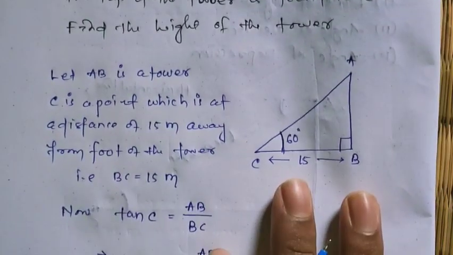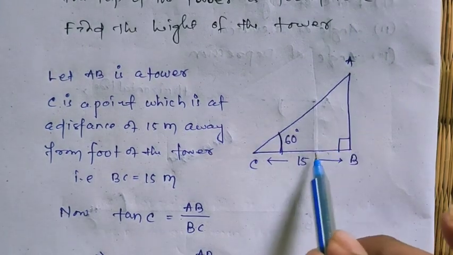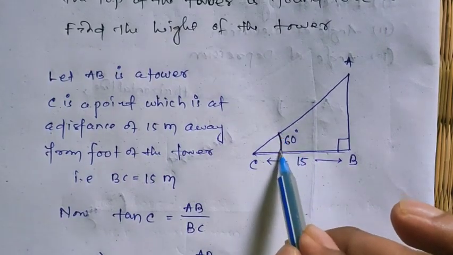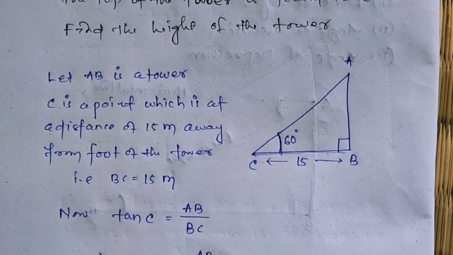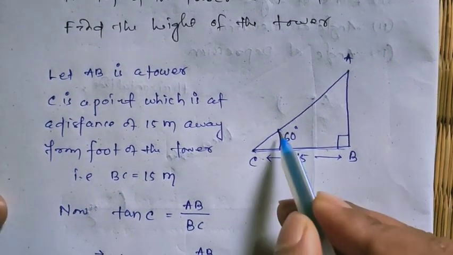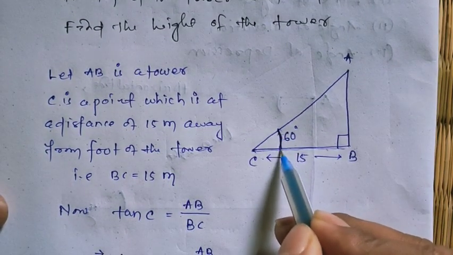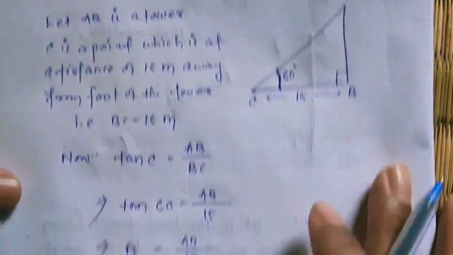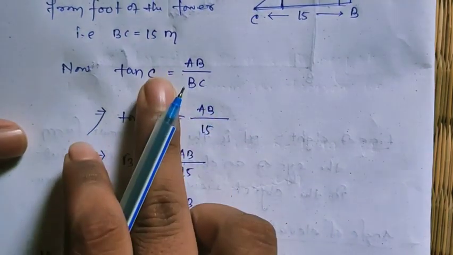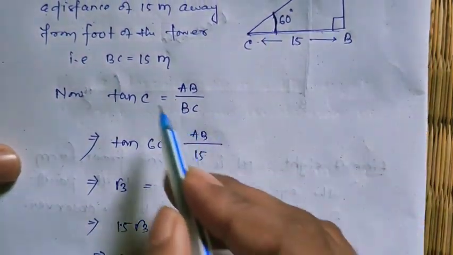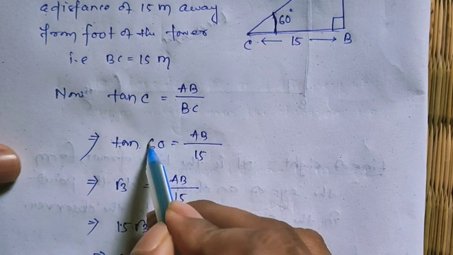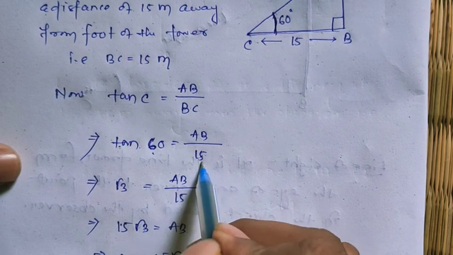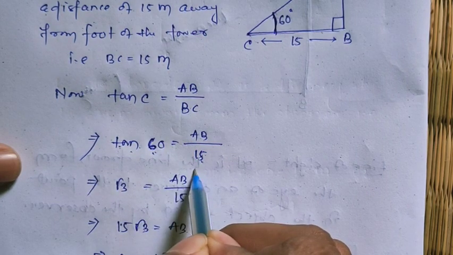So let's go to the figure. Given that in this figure, the distance BC is equal to 15 meter and the angle of elevation is 60 degree. We know that tan C is equal to P by H, that means AB by BC. Here C is equal to 60, so tan 60 is equal to AB by 15, since BC is 15.